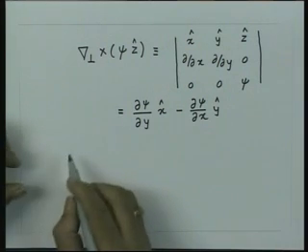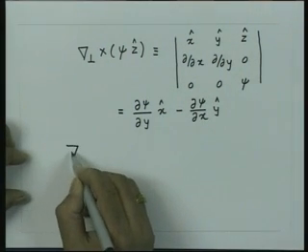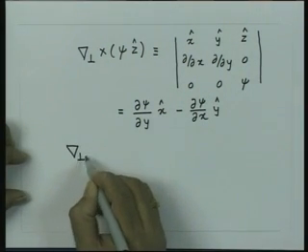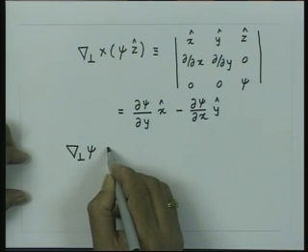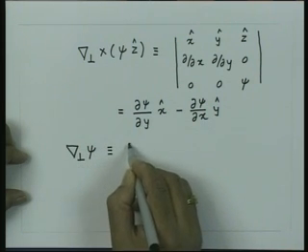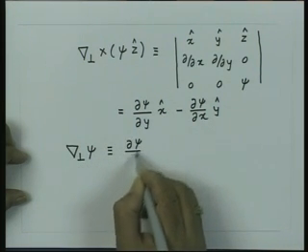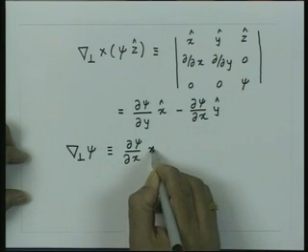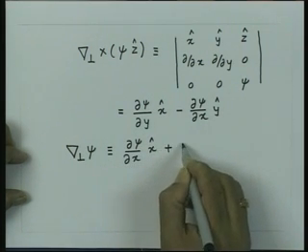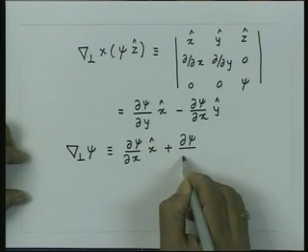And similarly, we have the transverse gradient of some scalar quantity psi, that will be equal to d psi by dx x plus d psi by dy y.